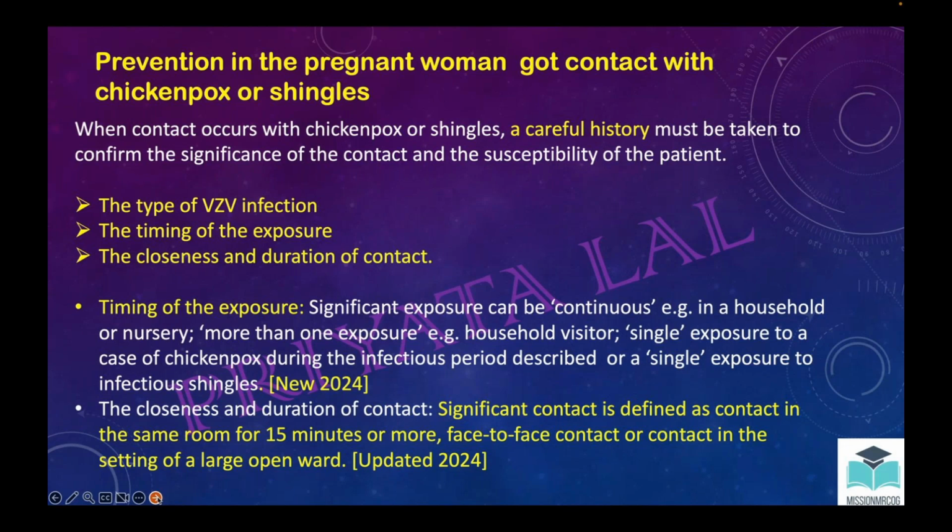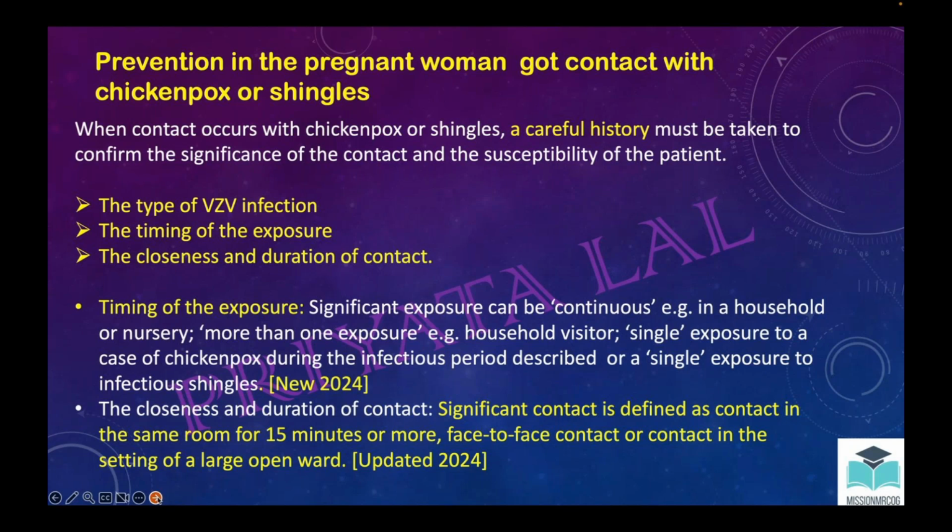Single exposure to infectious shingles, as I already told, if it is on an exposed area. Now, closeness of contact: significant contact is when people were in the same room for 15 minutes, face-to-face contact, or contact in a large setting such as an open ward.